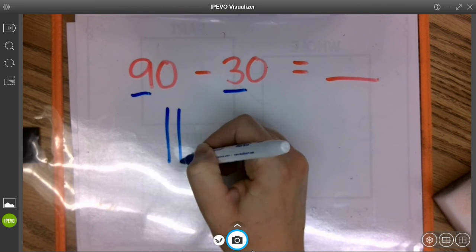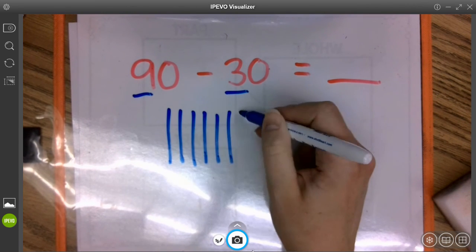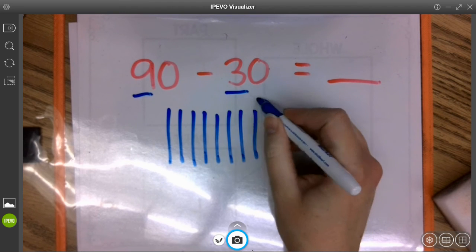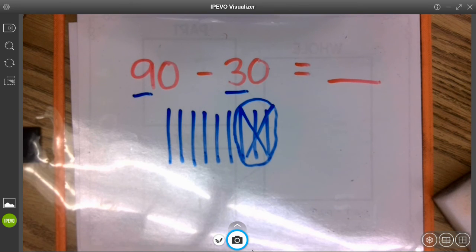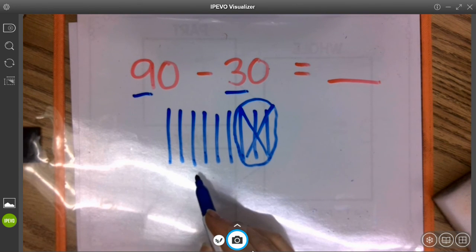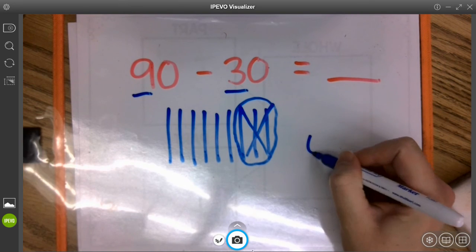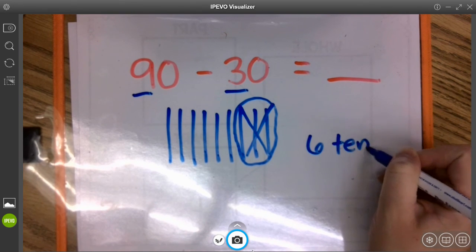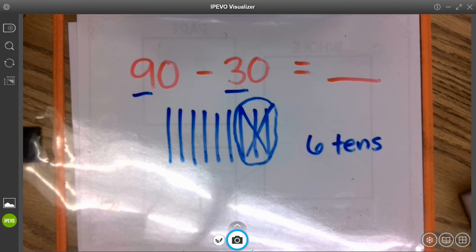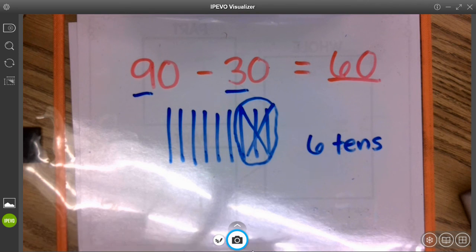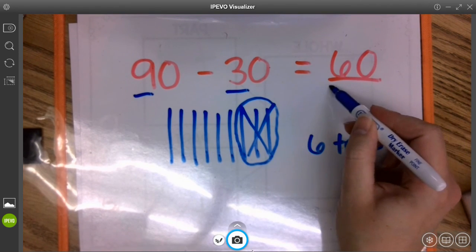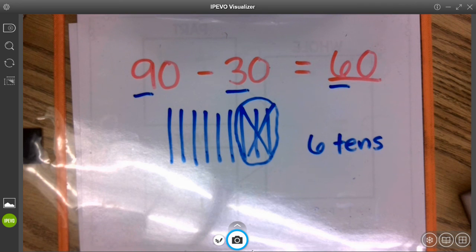So I'm going to do my 9 tens minus 3 tens. What do I have left? 1, 2, 3, 4, 5, 6 tens. And what number is that? 60. 9 minus 3 equals 6. All we've done is turn our focus to groups of 10 instead of 1.